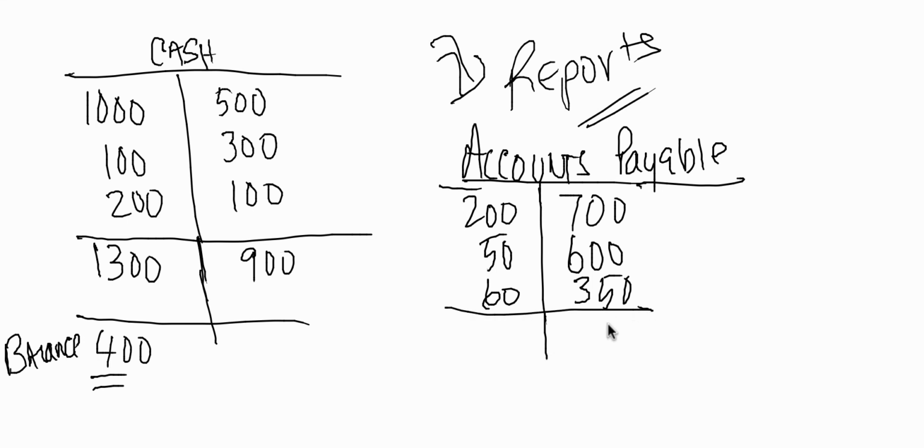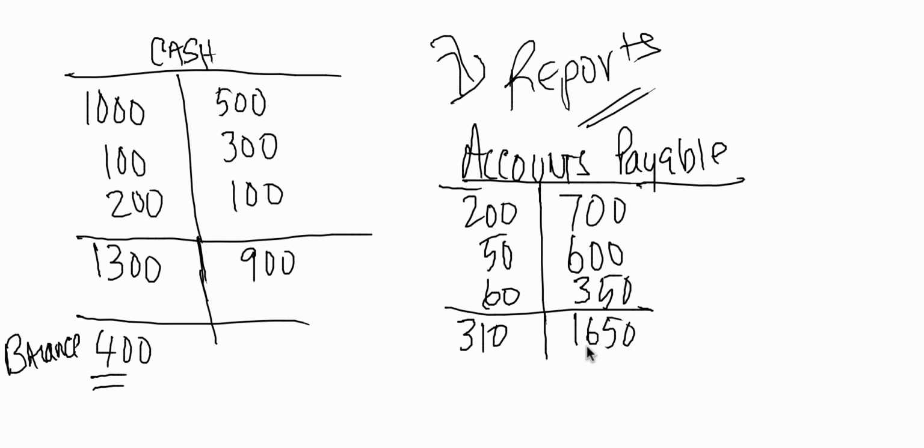Okay, same thing. Add up the debit side, in this case, well, they're both debit sides. It doesn't matter. You can add up the debit side first or the credit side first. You've got to add up both sides. So we've got 310 here, and 1650. Is that correct?